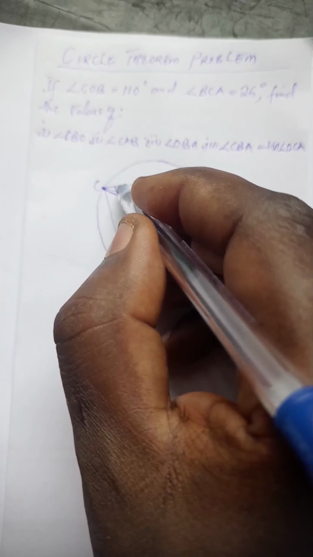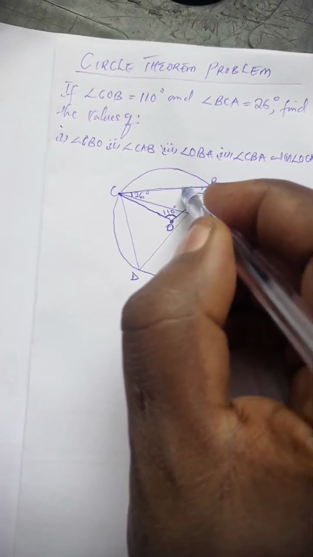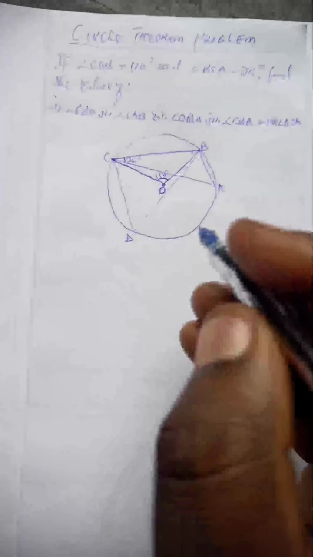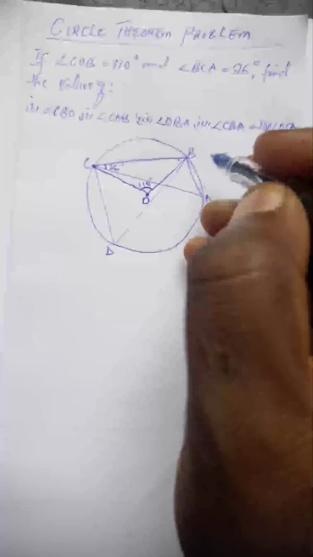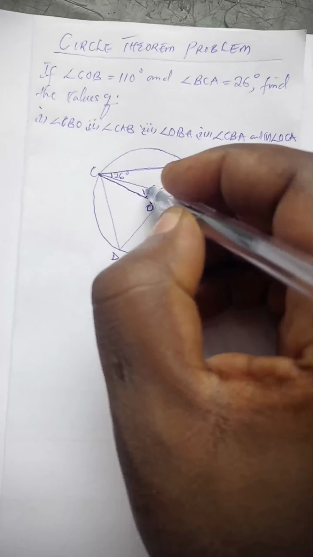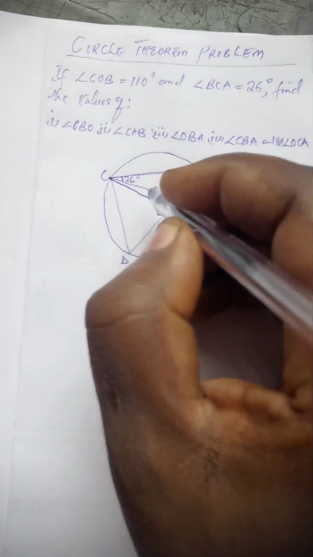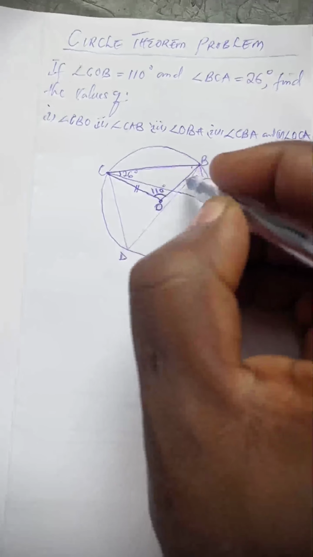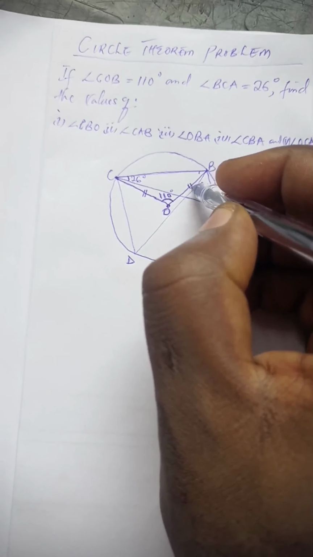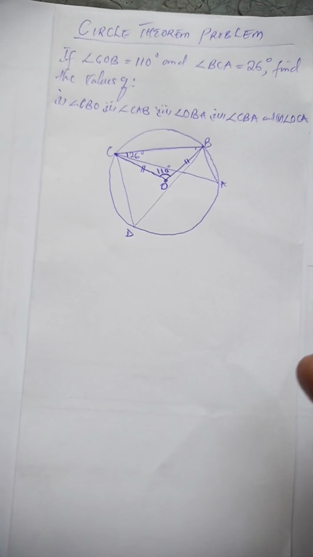Can you see this triangle? If I observe that triangle critically, you'll see that it is an isosceles triangle. This 110 degrees is formed inside an isosceles triangle.